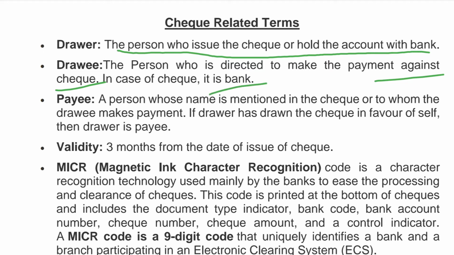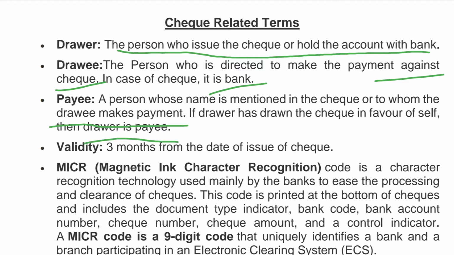Payee is a person whose name is mentioned in the check or to whom the drawee makes the payment. In other words, the drawee makes payment to the payee. In some cases, the drawer draws a check in favor of himself. In this case, the drawer becomes the payee as well.